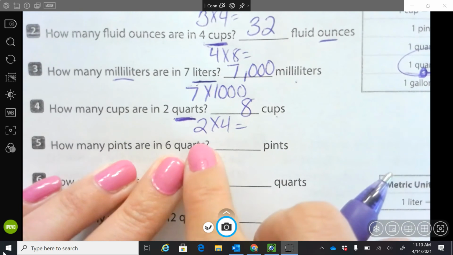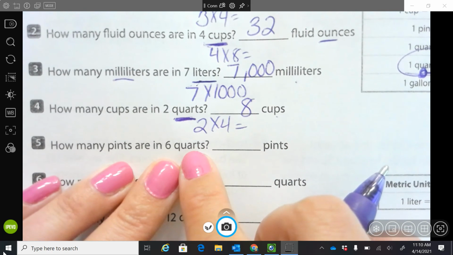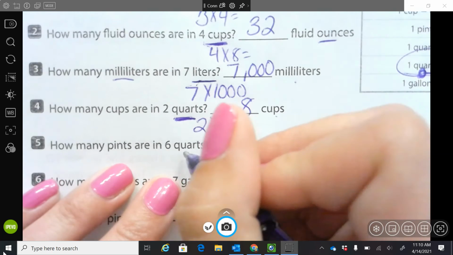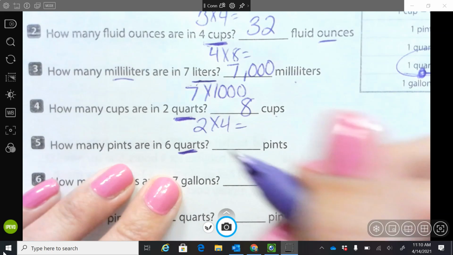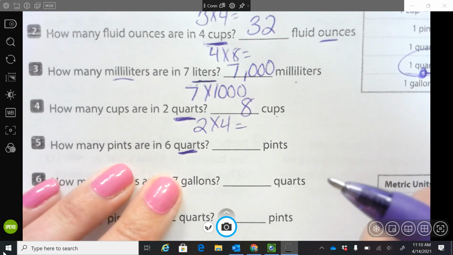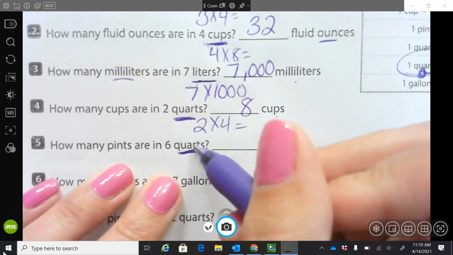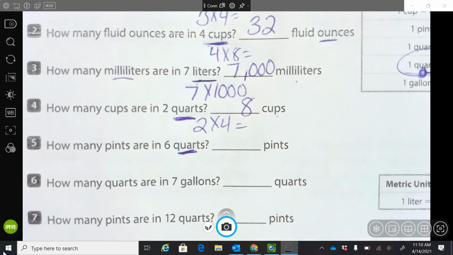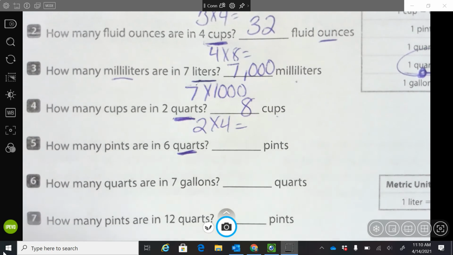Let's say your parent says you can get 6 quarts of ice cream and your sibling can get that equal amount in pints. How many pints would they get? Well, let's see. How many quarts? Well, it's going to be equal anyway, so it is fair. We're going from quarts to pints. So how many pints are in 6 quarts?